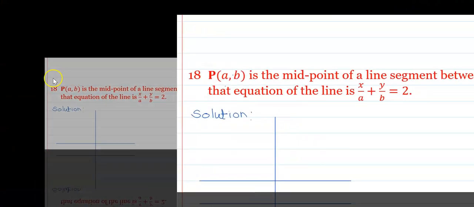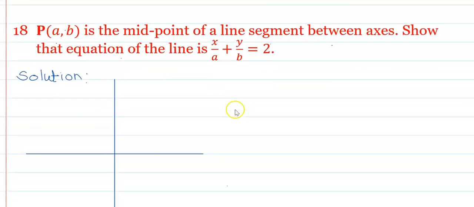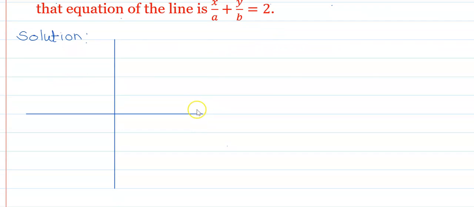Now the next question. P(a, b) is the midpoint of the line segment between the axes. Show that the equation of the line is x upon a plus y upon b is equal to 2. Now see this here, the coordinate axes: x-axis, and here the y-axis. The point is the origin.